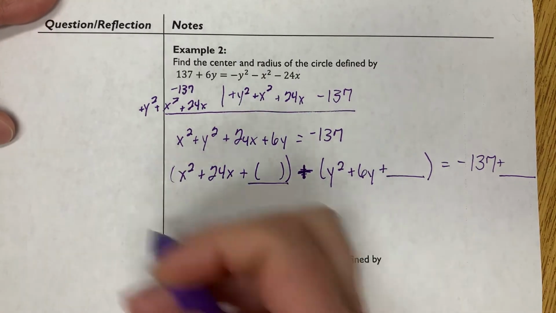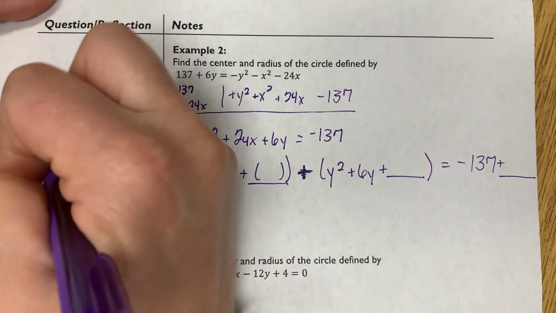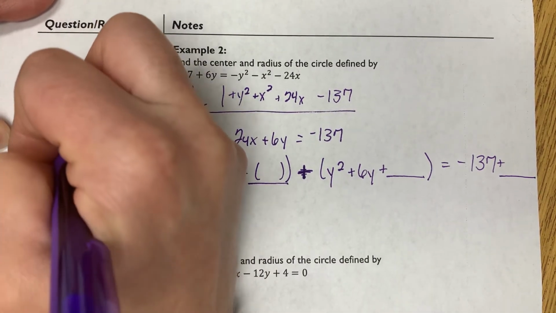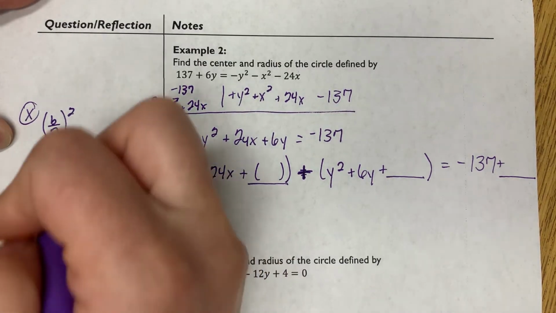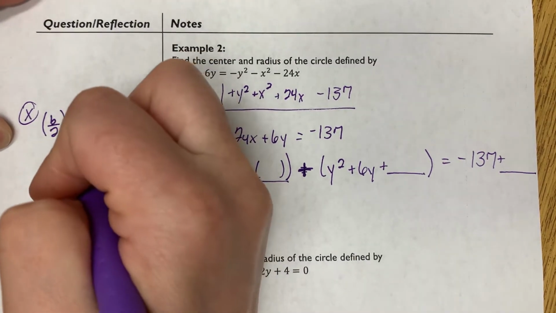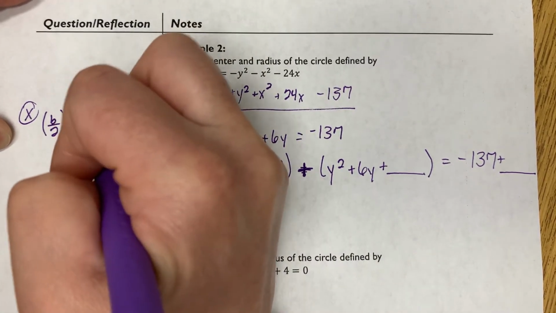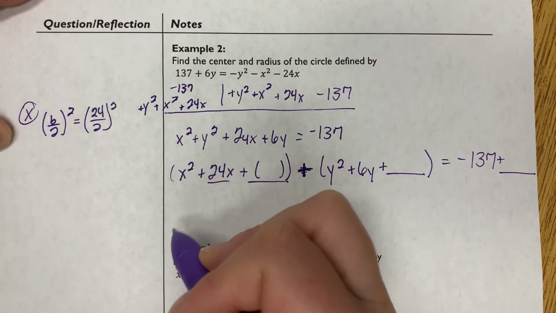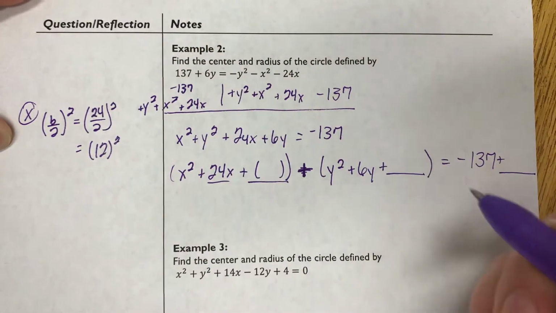So over on the left, I'm going to do the same thing we did on example 1. I'll figure out what I have to add to make my perfect square trinomial for the x's. So b divided by 2 squared. In this case, our b is 24 divided by 2. That's going to give me 12 squared.